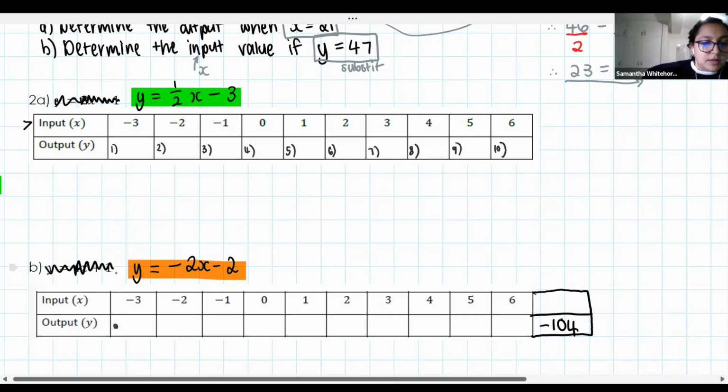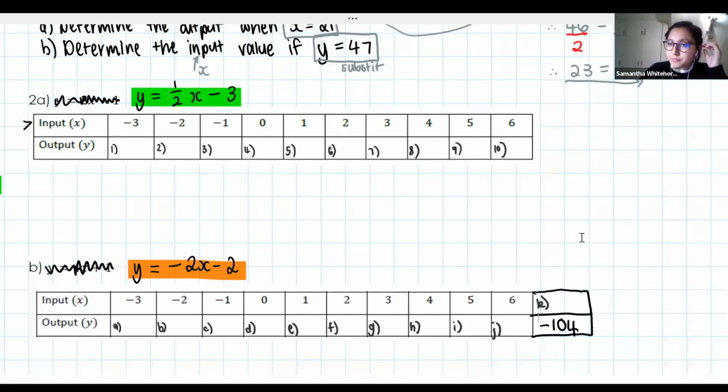So let's maybe label this A to not get confused between the two. But what you'll see in the second question is that, E, F, G, H, I, J. What you'll see in the second one is that K is actually in the top row. So K is an input value.